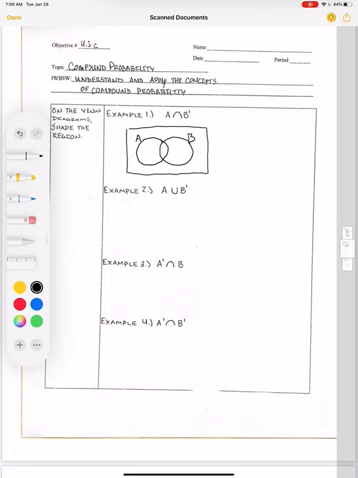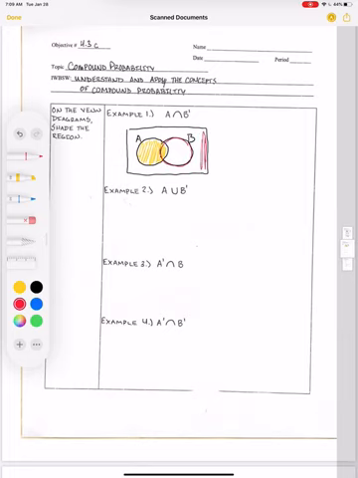intersects not B. Okay, so first off, I'm just going to fill in my A. A is this circle that's right here. And then I'm going to fill in not B. Not B is everything except for what's in here.